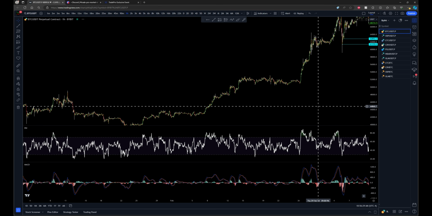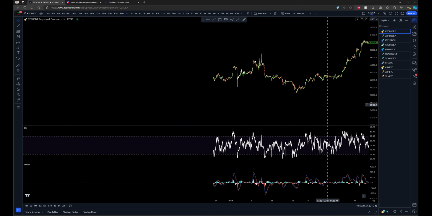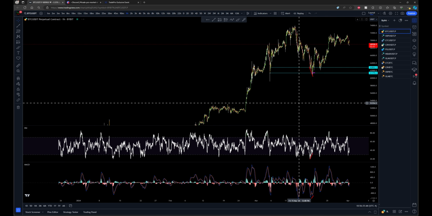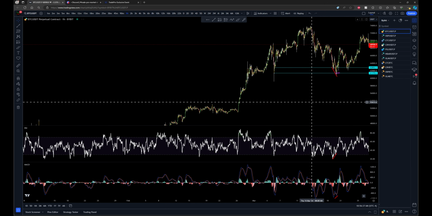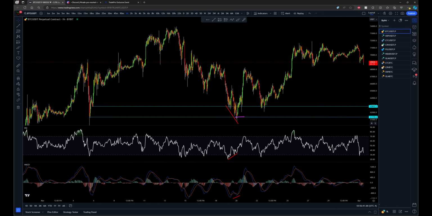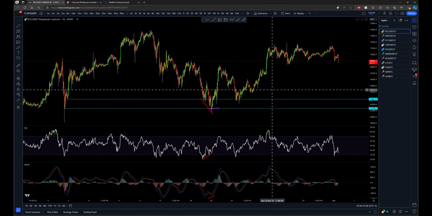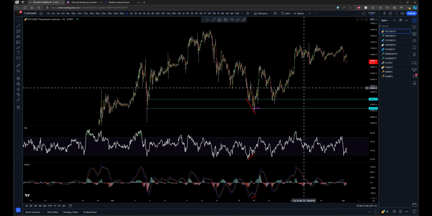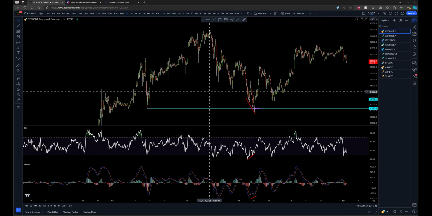You may even have to go down to lower time frames depending on the size of the pullback. Obviously there are different degree pullbacks, and we could talk about this for hours, but you're going to have to do some practice. Try out different time frames depending on the degree of the pullback, the trend, and what you want to do with your trading strategy.